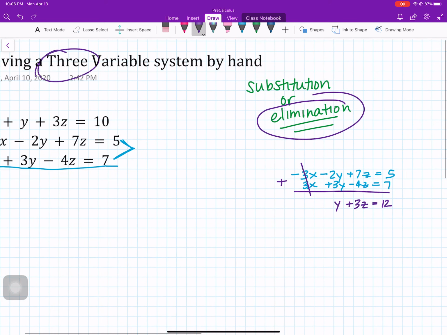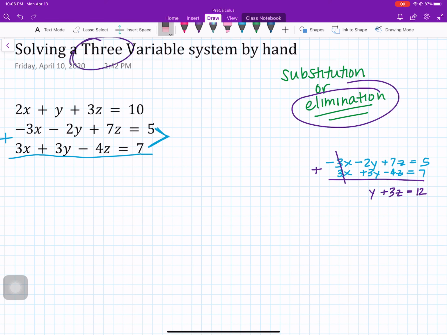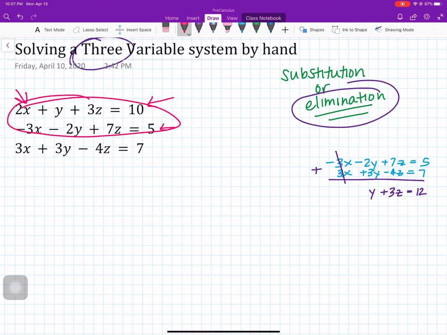So then I have to use the equation I didn't use before, and I have to get rid of x. So I can combine it with either the second equation or the third equation, doesn't really matter. Whichever one is easiest. In this case, I don't know if one is necessarily easier than the other, but I will look at these two and try to eliminate a variable.